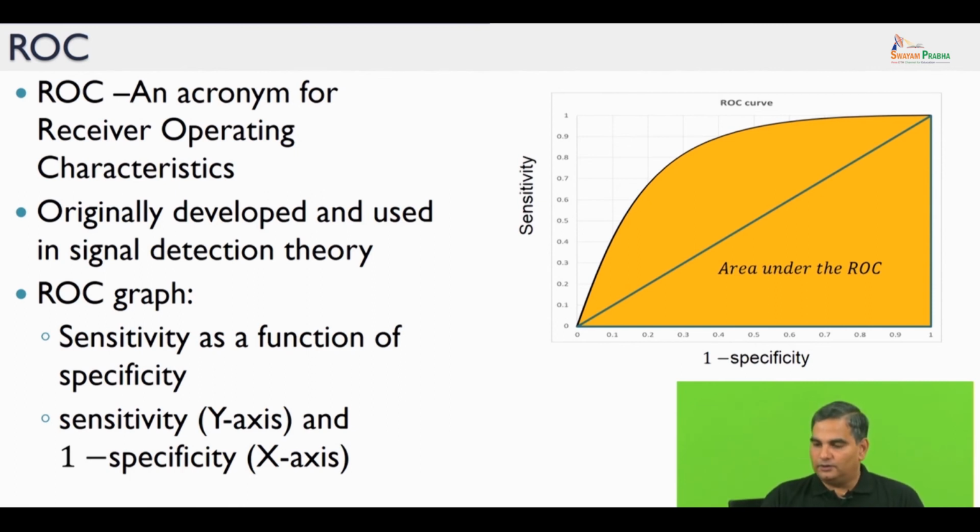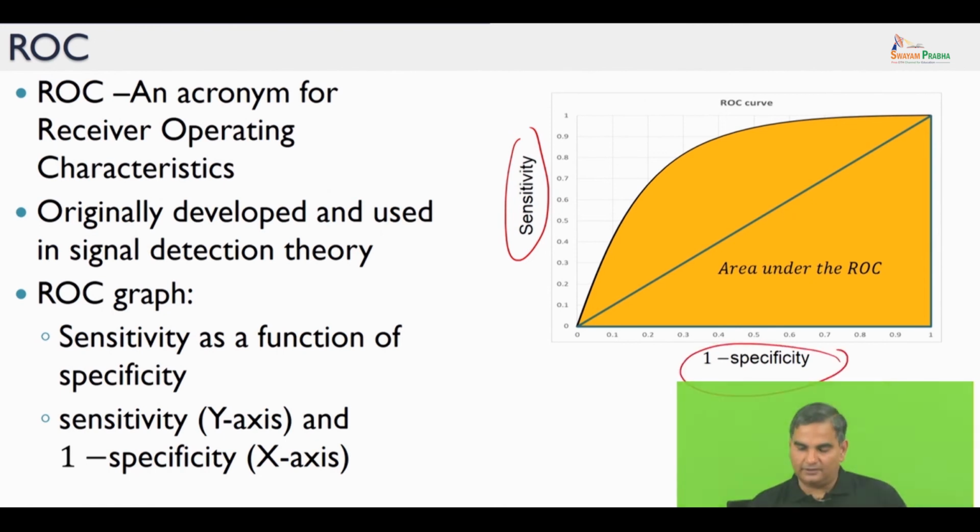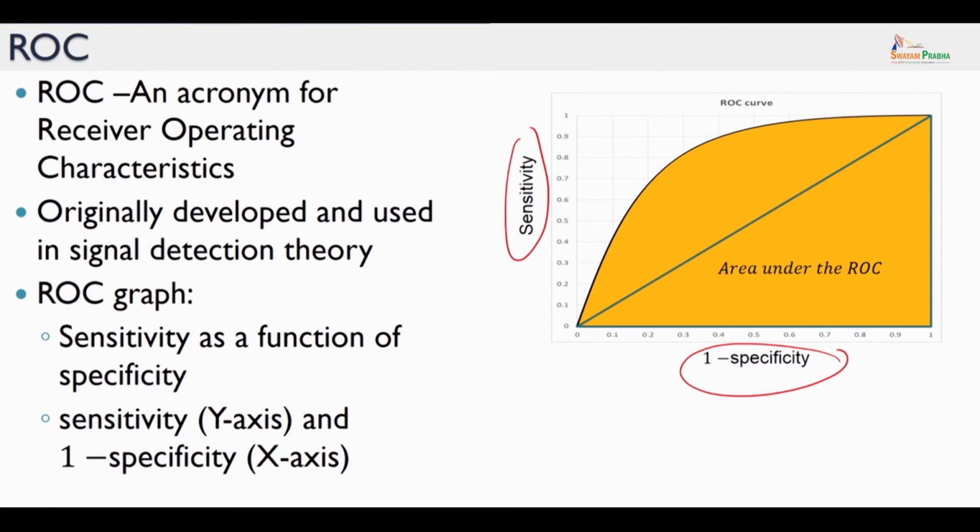This ROC curve is a graph between sensitivity and 1 minus specificity. So, it is important to notice that this is 1 minus specificity. Clearly we know that the best value for sensitivity is 1 and the best value for specificity is also 1. So, ideally you want both of these to be 1.